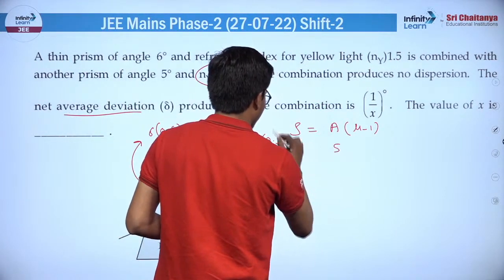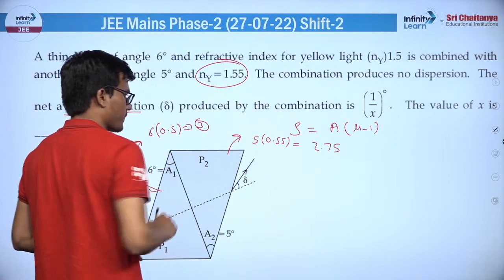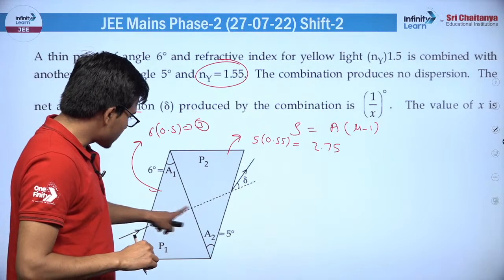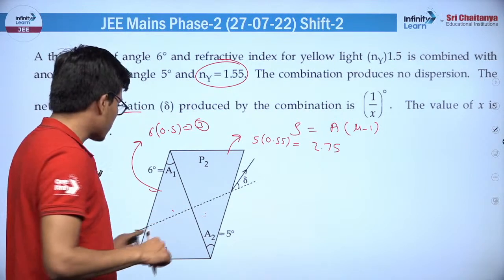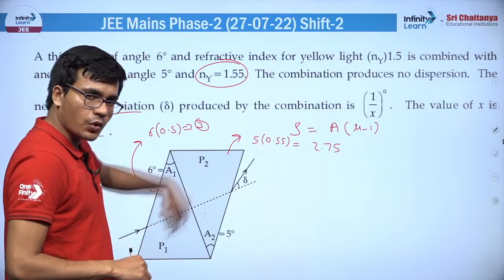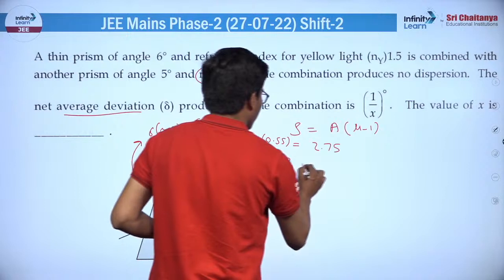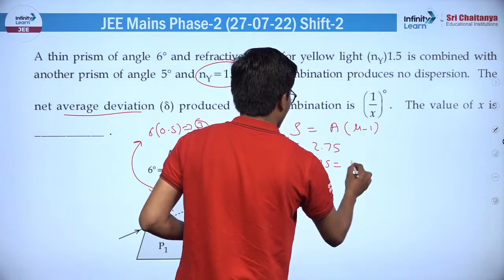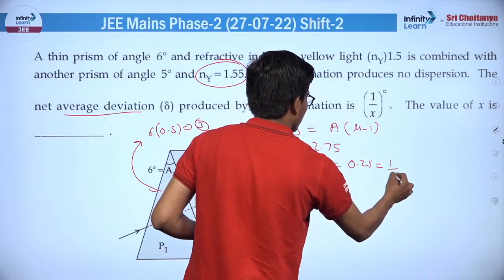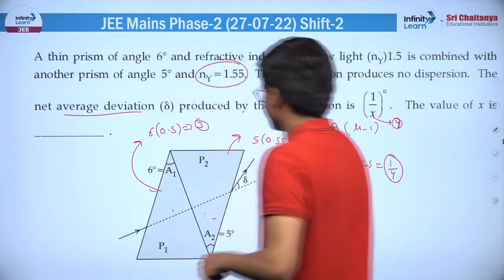So you can write this as 5 to 2.75, you can write as 3. And you can see these two are inverted with respect to each other. So if the deviation due to this prism is in the clockwise sense, then due to this it will be in the anticlockwise sense, which means the net deviation should be 3 minus 2.75, that is 0.25, which means 1 by 4 degree. So the value of x should be 4.